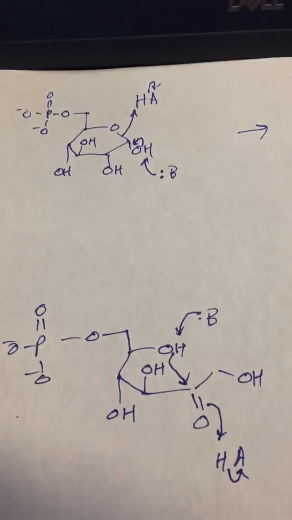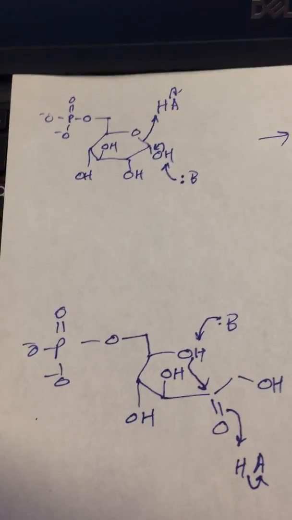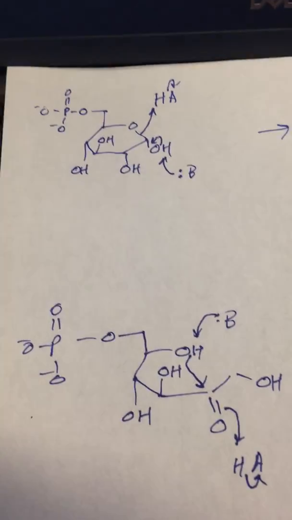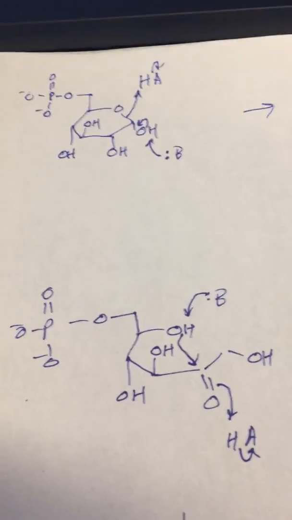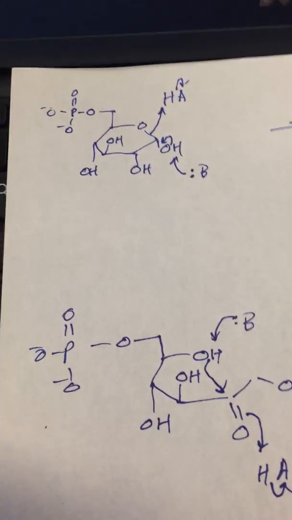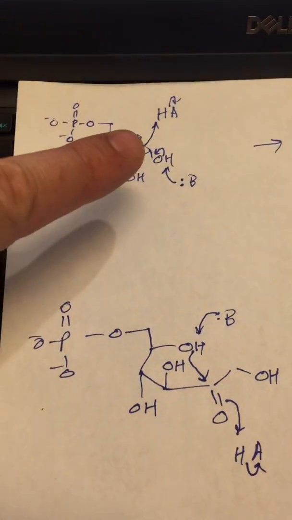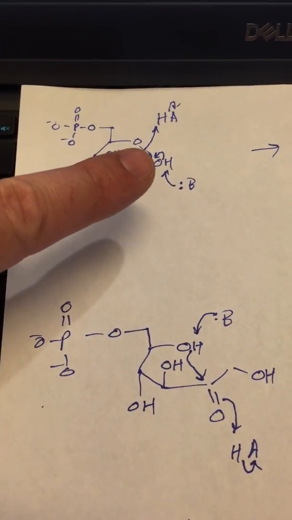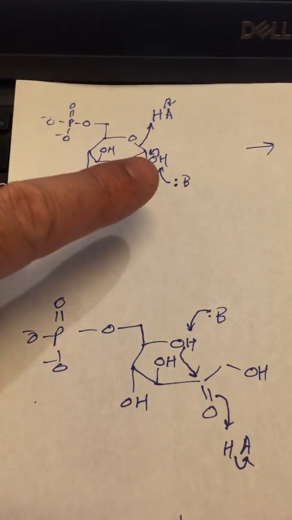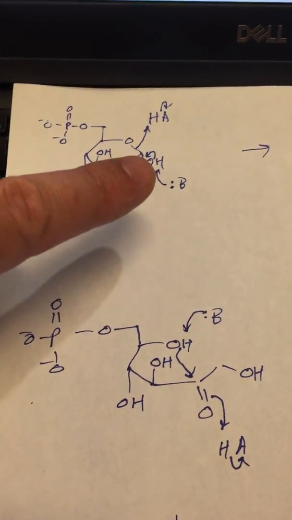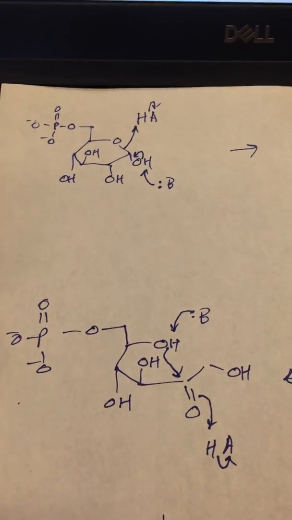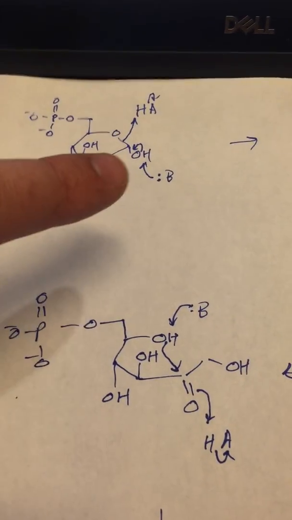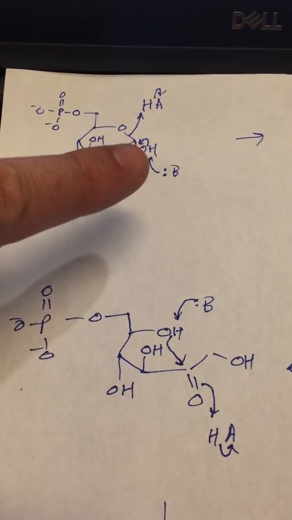The first thing we have to do is expose that carbonyl group. We do this by opening up the ring. I said that this carbon is going to be the one that has the carbonyl group on it, and the oxygen bound only to that carbon is going to be the carbonyl oxygen. So we're going to deprotonate this oxygen.